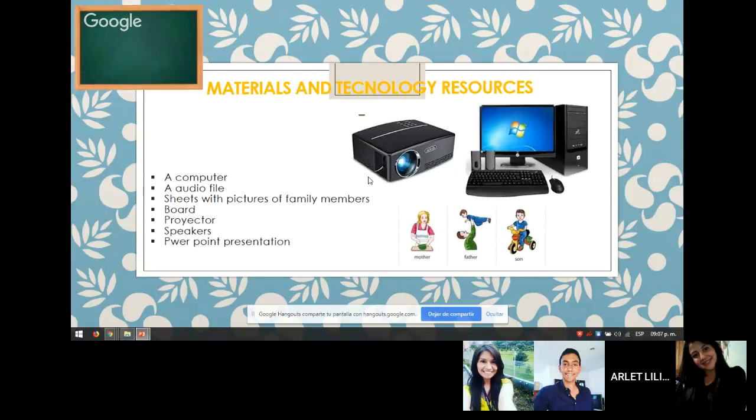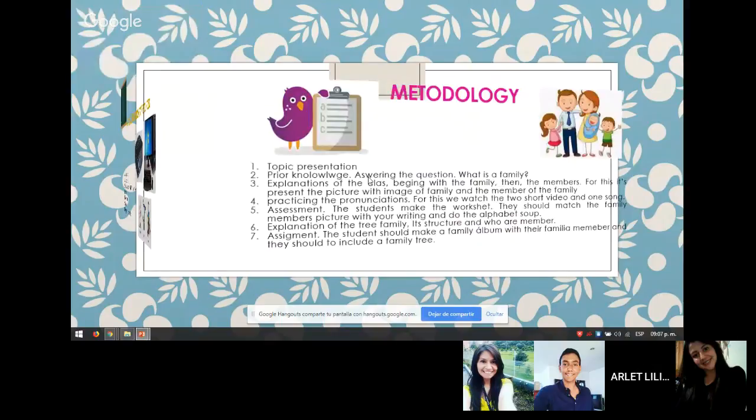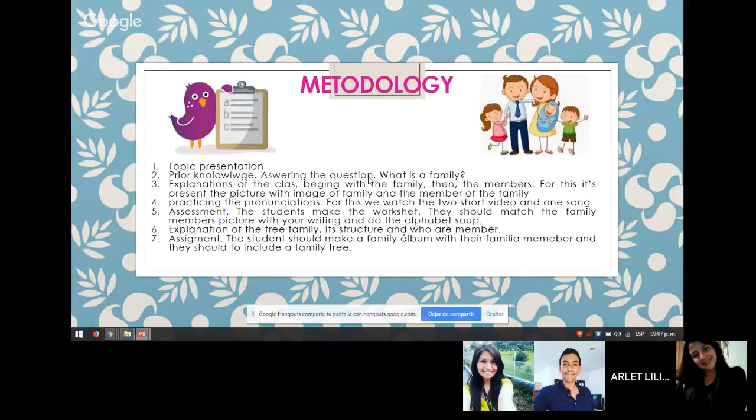Methodology, topic presentation, generalize, where in the question, what is a family, explanations of the class. Begin with the family, then the members. For this, I present the picture with an image of a family and the members of the family.